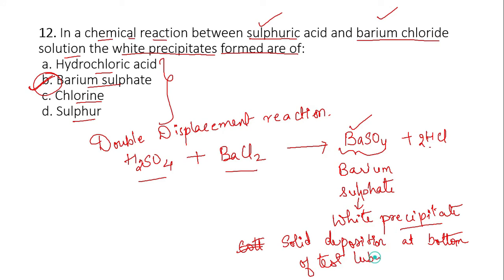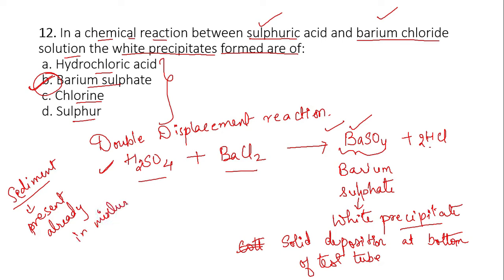One more thing, once again I will repeat the same thing: a precipitate is something which is formed during a reaction, and a sediment is something which is already present in the mixture.